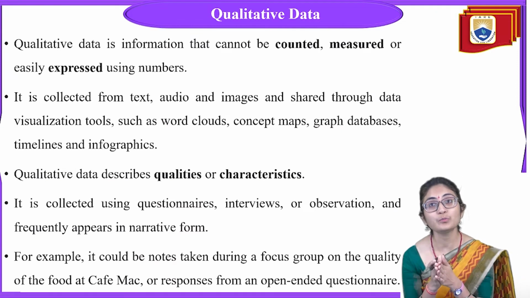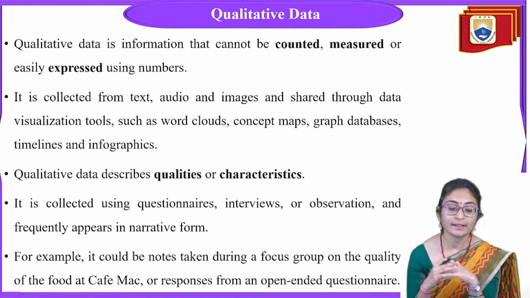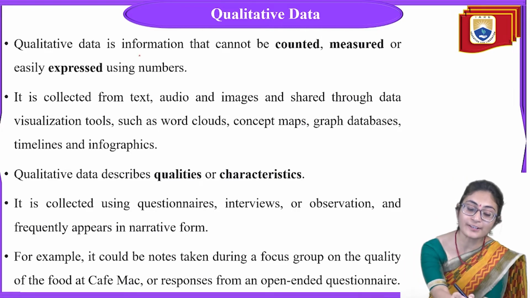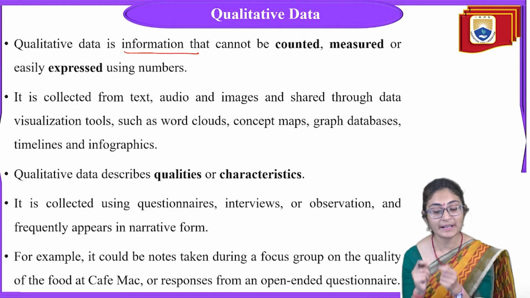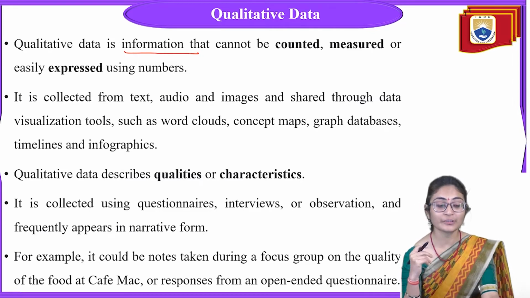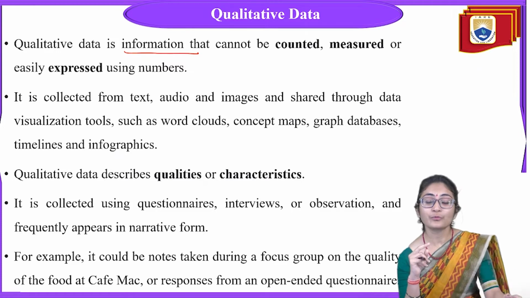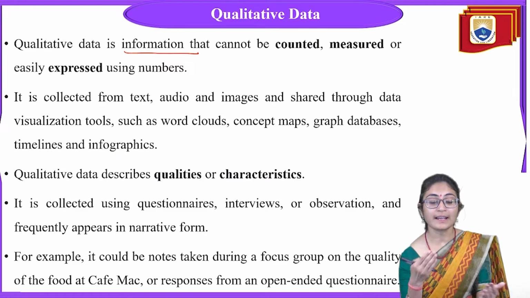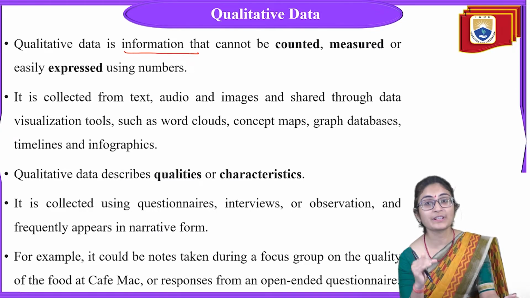Now we will move towards qualitative data. Qualitative data is information which cannot be counted, measured, or even expressed using numbers. In quantitative data, we have shown that every data we can represent using numbers, using numerical values.